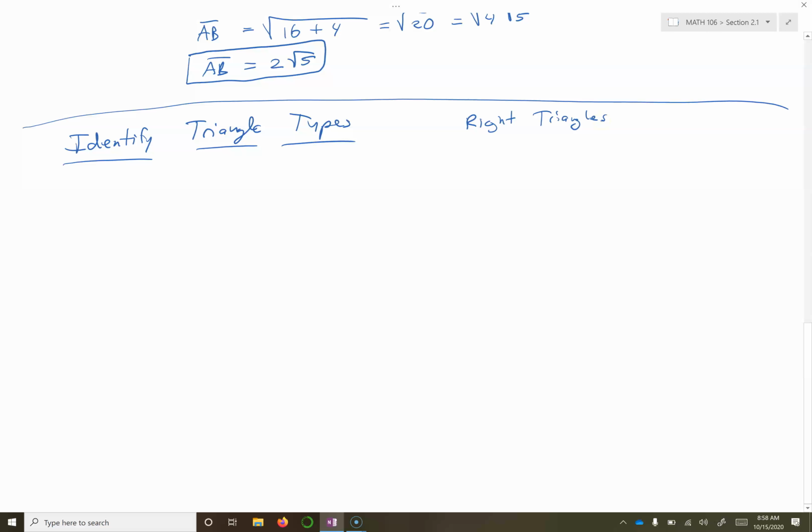We know how to determine that. If a squared plus b squared equals c squared, we say it's a right triangle. What are some other types of triangles you remember from back in the day?